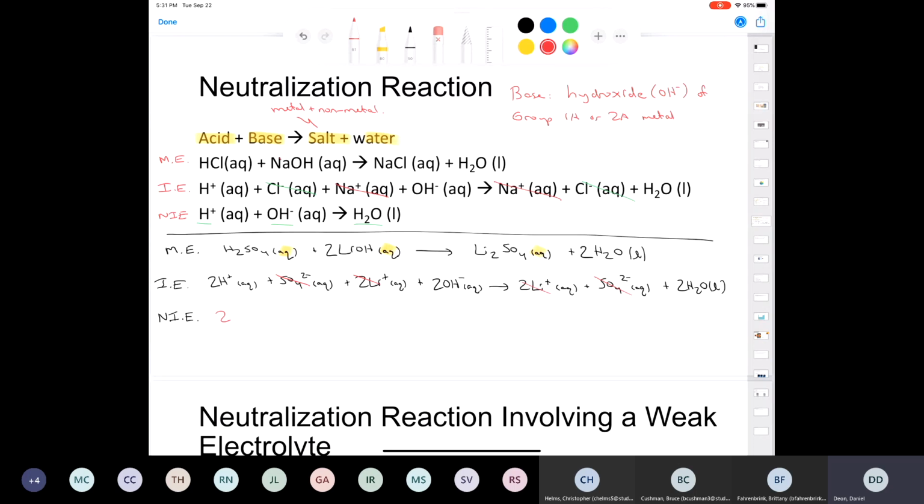And looky, we're left over with H plus, 2 of them, plus 2 hydroxides, gives me 2 moles of H2O. And we can even simplify that, right? Just divide the whole thing by 2, and I would accept either one. But this is the net ionic equation right here.